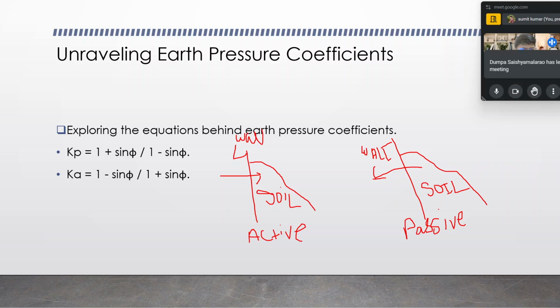So what do we mean by that? That is also important. The active earth pressure and passive earth pressure are the two aspects we are talking about. The active earth pressure is that condition in which the soil is moving away from the wall, the specific embankment behind which the soil is there.